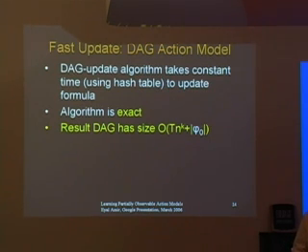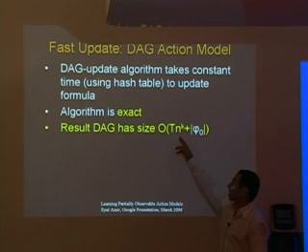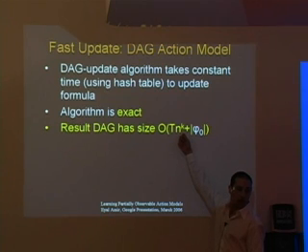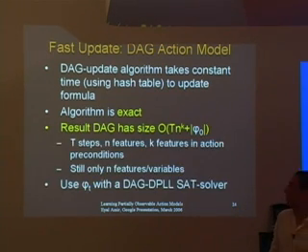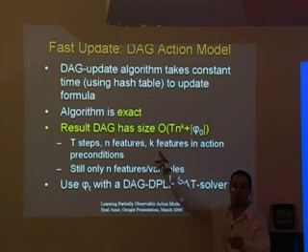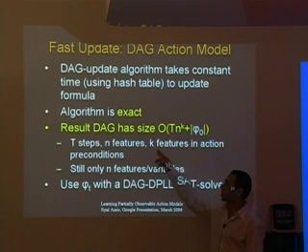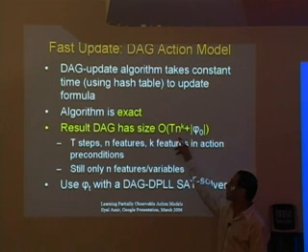And the DAG size, at the end of t steps, is just t times some n to the k plus phi 0, where k is the number of features in my action precondition. So that comes back to your question from before. If I have more features in my preconditions, this representation will be larger.